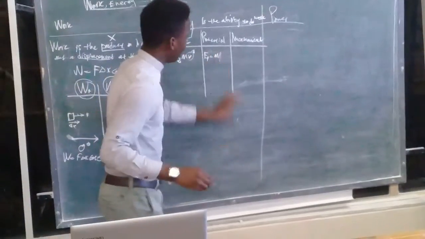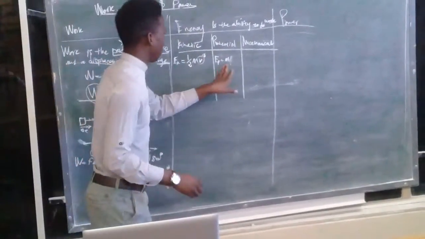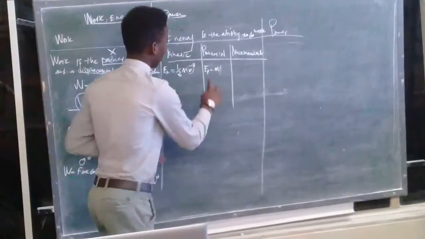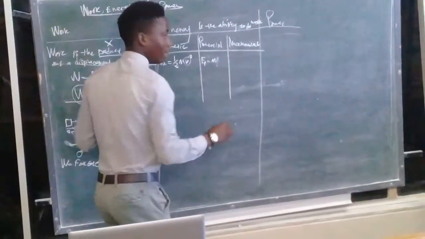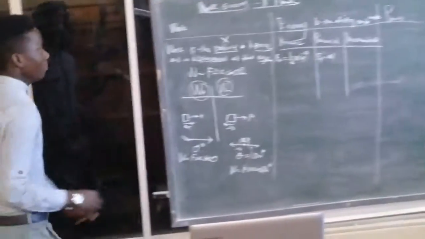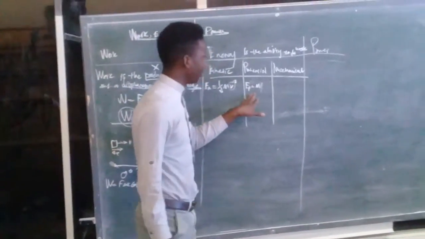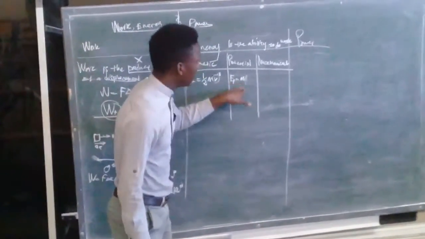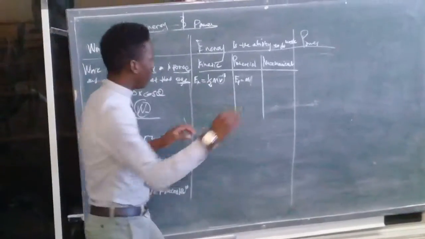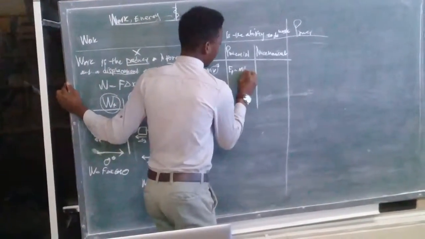Potential energy is called EP, is equal to mgh. So now I want us to differentiate between a potential energy and a mechanical energy. A potential energy is where we're going to say mgh.